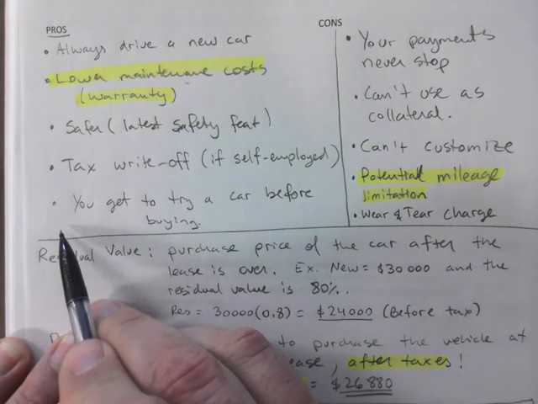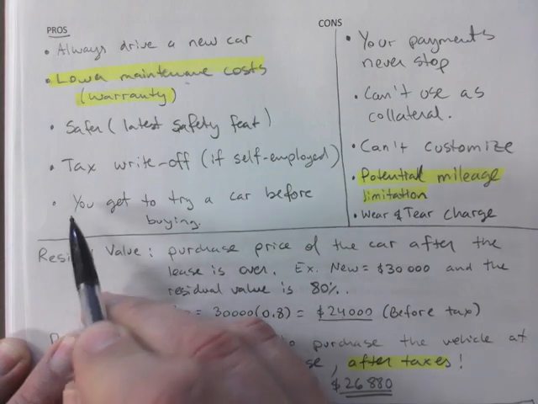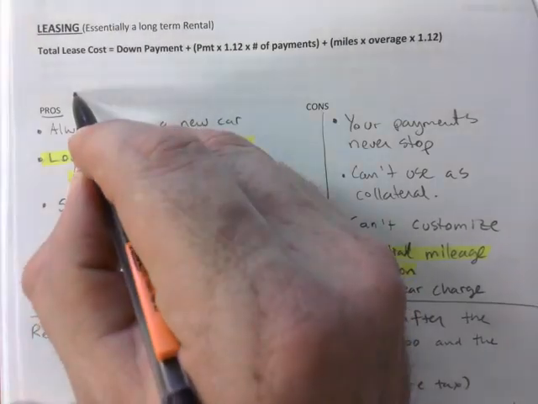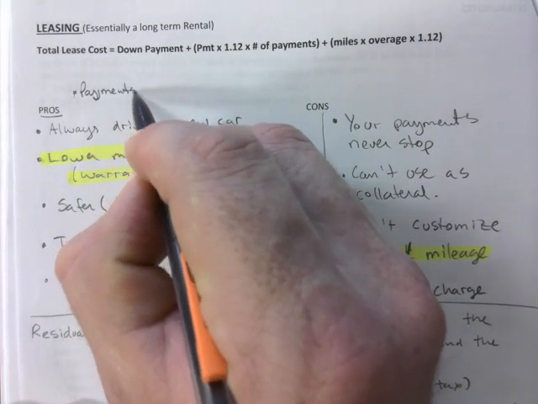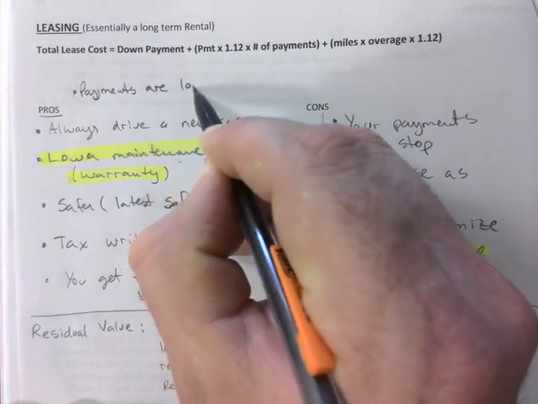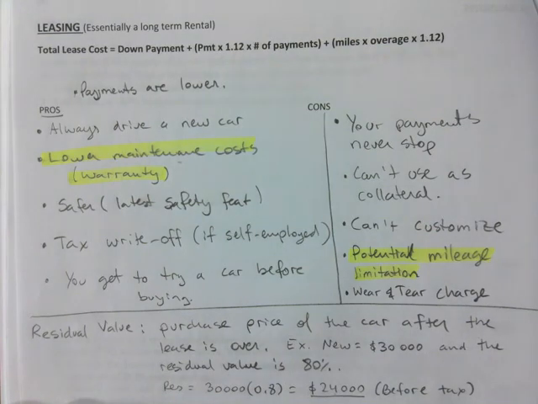One more pro I just want to mention is that the payments are usually lower. I'm going to add that at the top here. Payments are lower because you're not buying the entire car, you're just paying for the amount that you're going to drive it, for the year or 2 or 3 years.